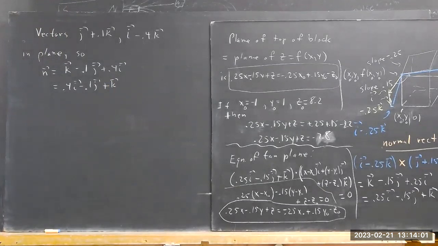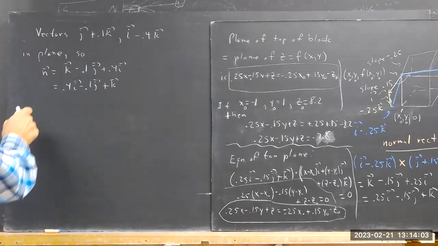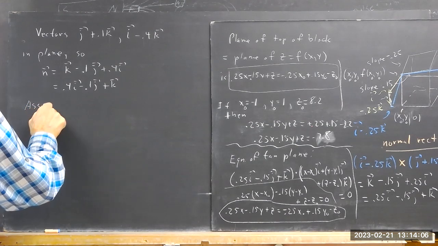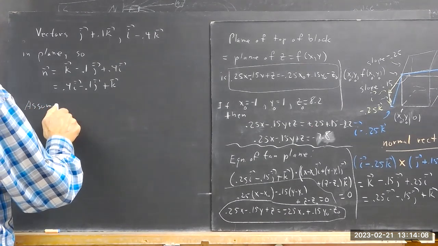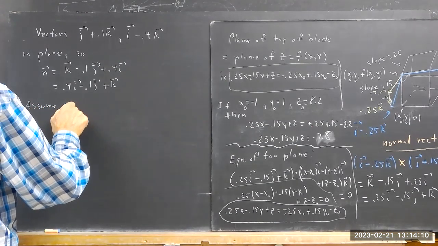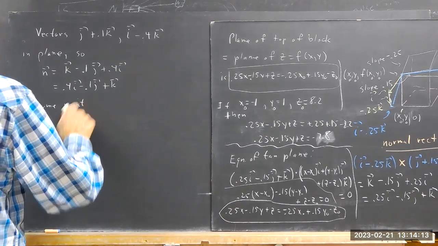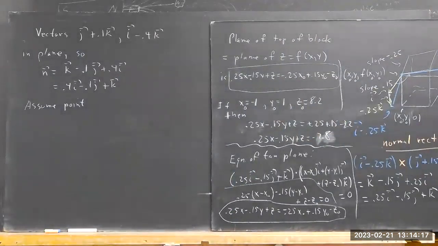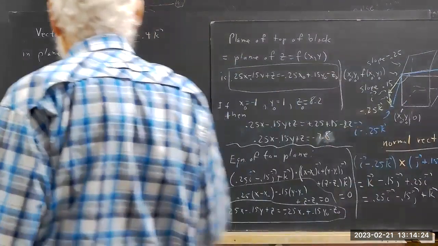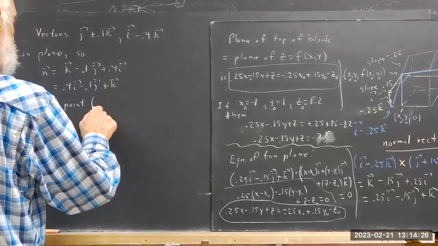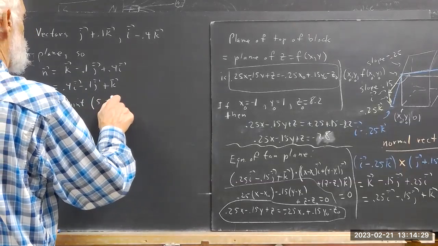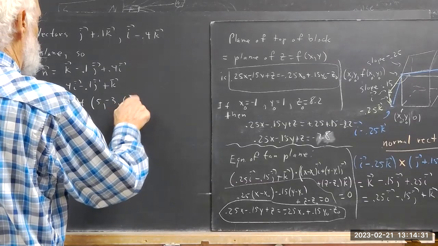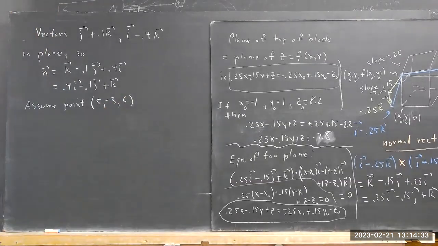We have this, okay? Let's assume a point. I'm going to have to measure this thing. That's easy. I just measure Z. Let's assume the point 5, -3, 6.